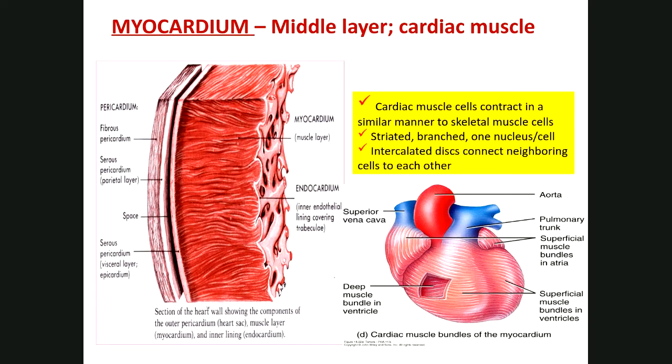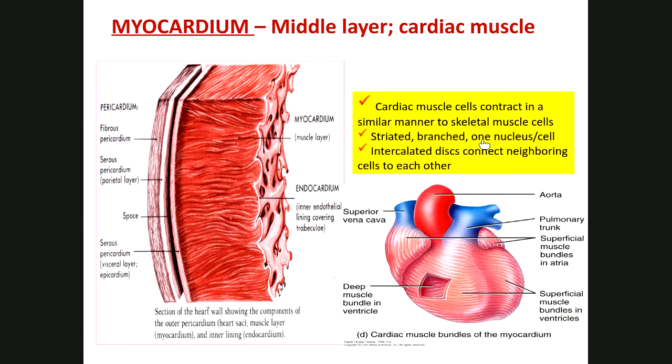The myocardium is this muscle layer. It's made up of cardiac muscle cells, and remember, they have similarities to skeletal muscle in that they're both striated and have the actin and myosin proteins inside of it.